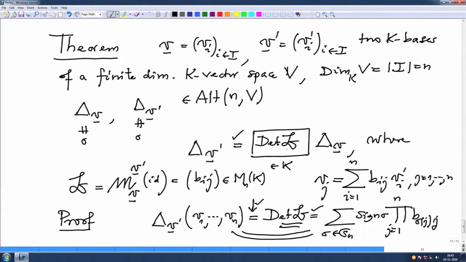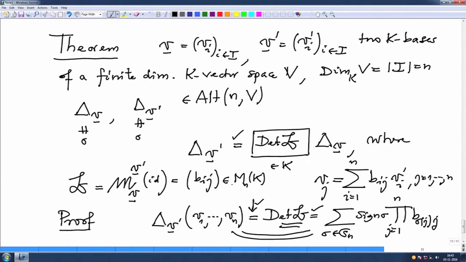And now, if I want to shift this constant to the other side, I know B is a transition matrix from the basis V prime to V, but then it is an invertible matrix, because it is a transition matrix.